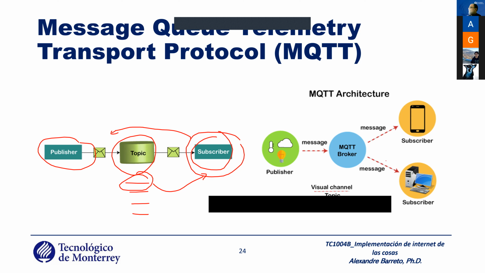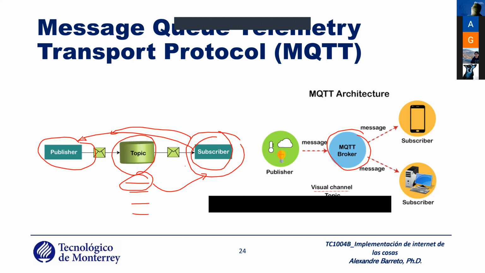MQTT has a broker. What is the broker? It's very hard, for example, for the subscriber to connect directly to the publisher. Think, for example, you have a group of sensors that publish temperature, humidity, and others.